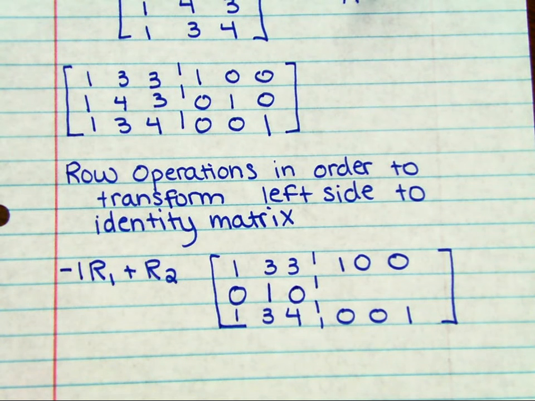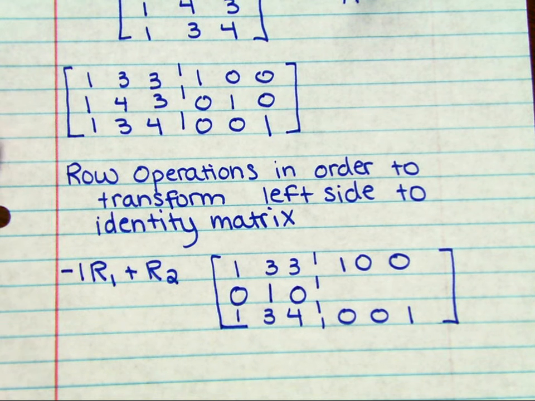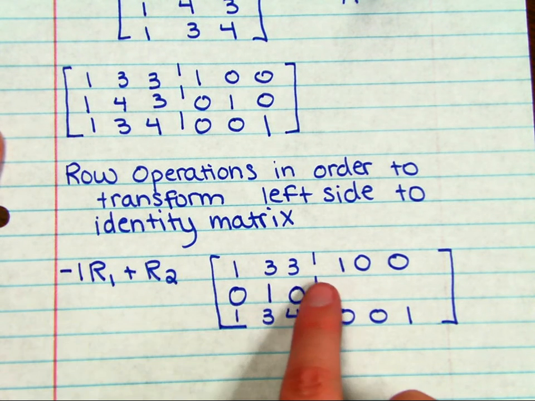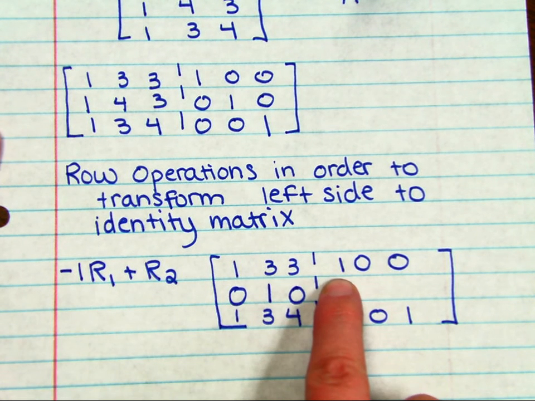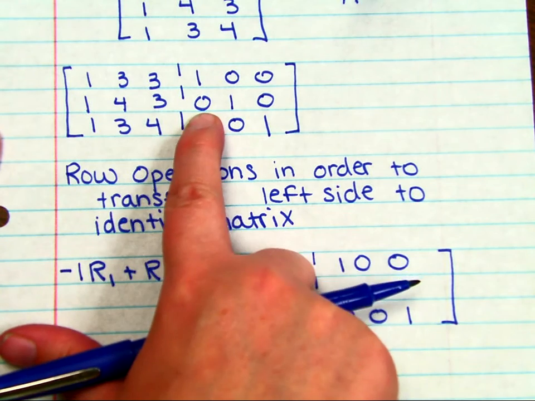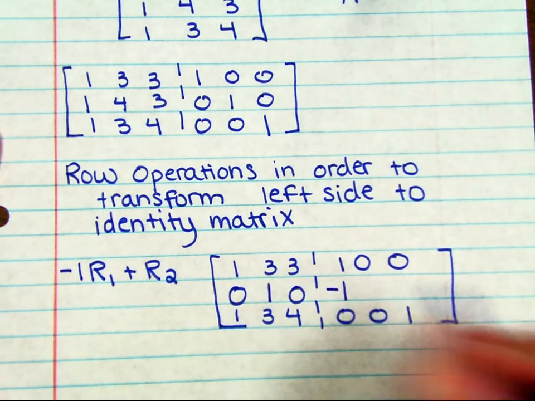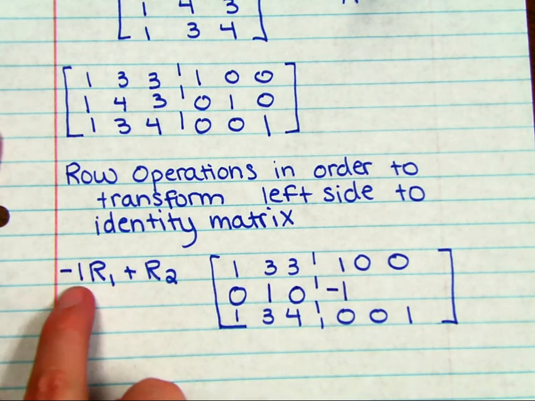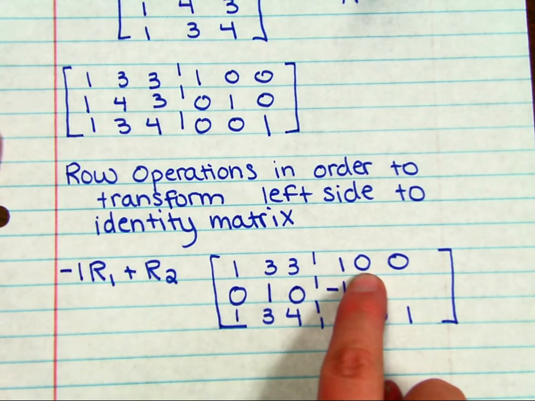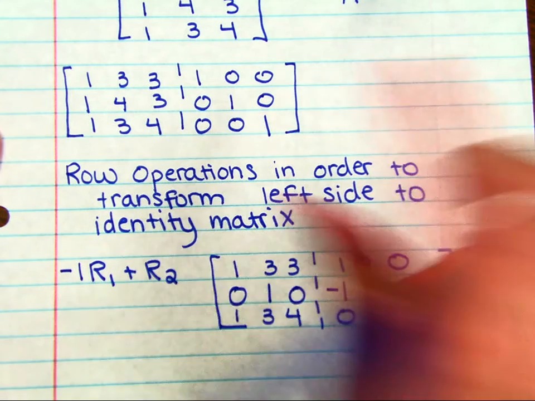Then I need to keep going, so negative 1 times 1 plus 0 would give me negative 1. Negative 1 times 0 is 0, plus 1, this is a 1.